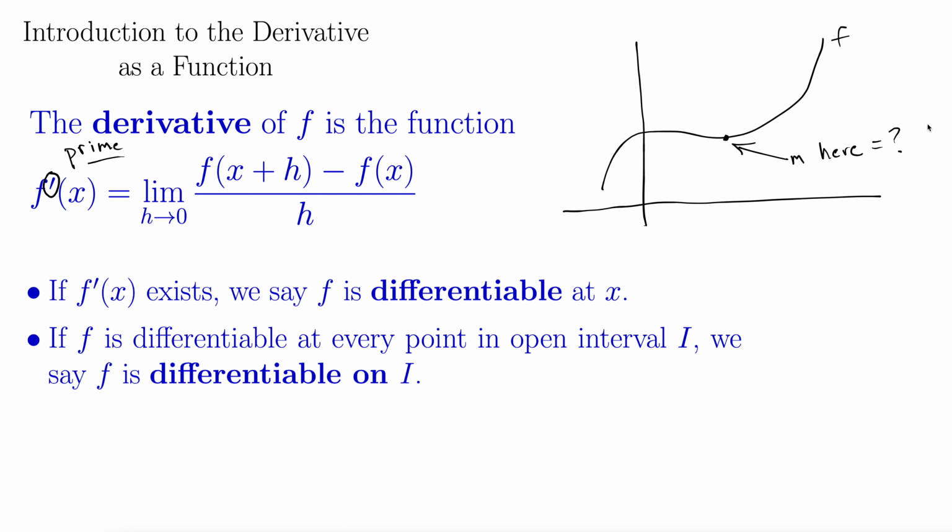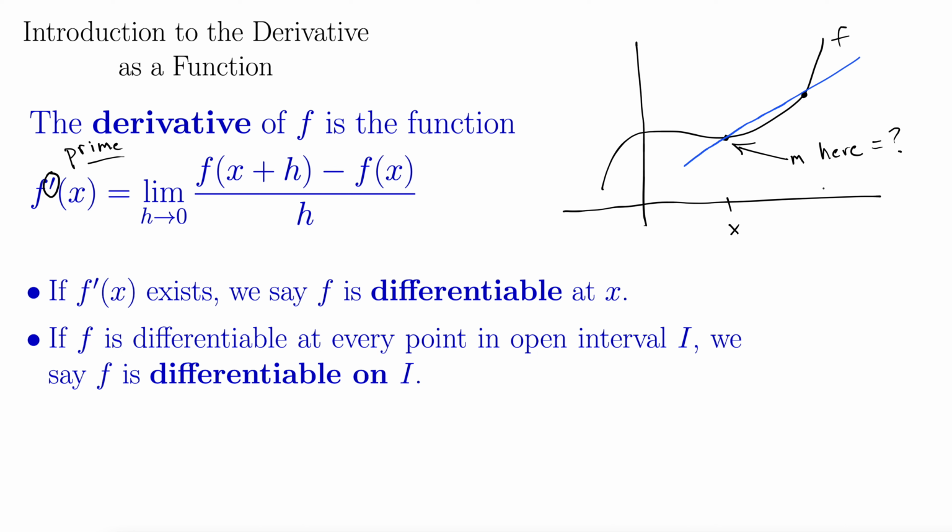Everything we know about slope up till now needs 2 points for a slope. This is called the secant line. So let's draw the slope between 2 points, like so. We want to know the slope at point x, so we'll call that x. That's what the derivative tells us.